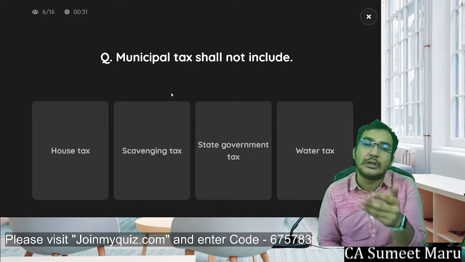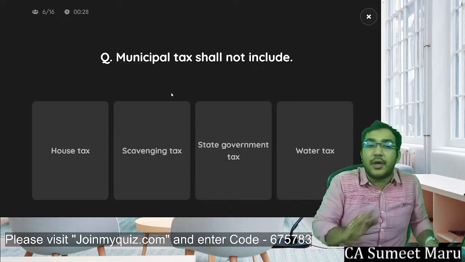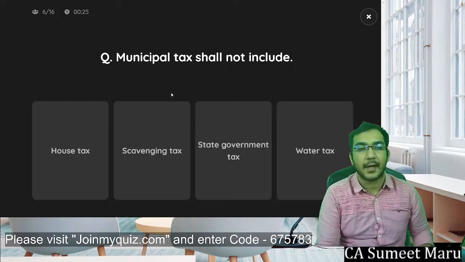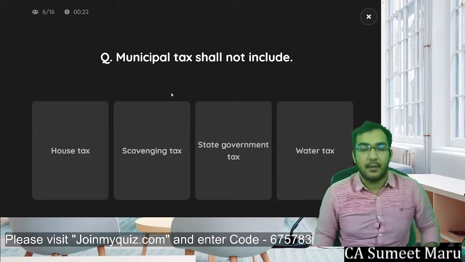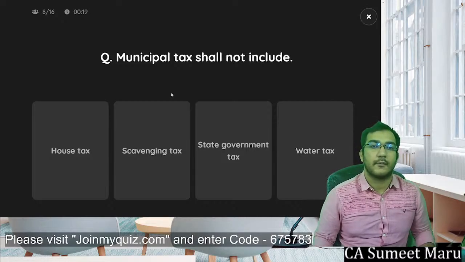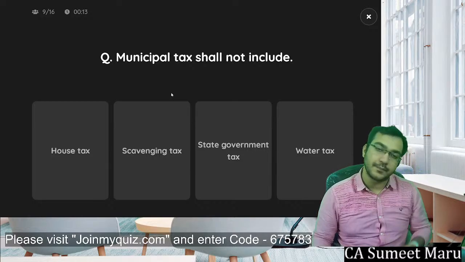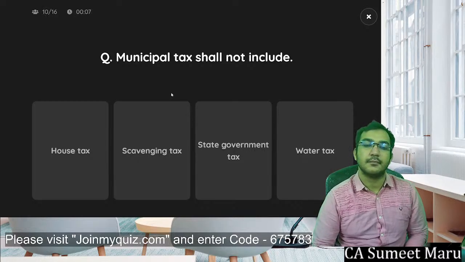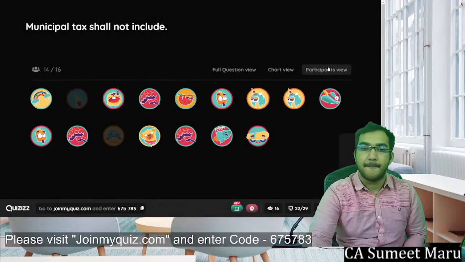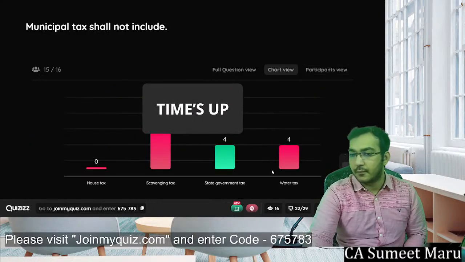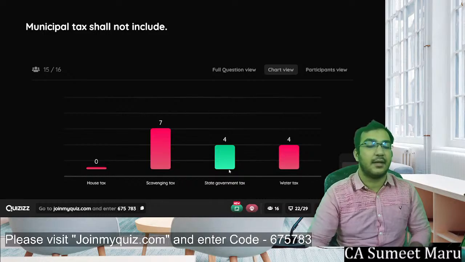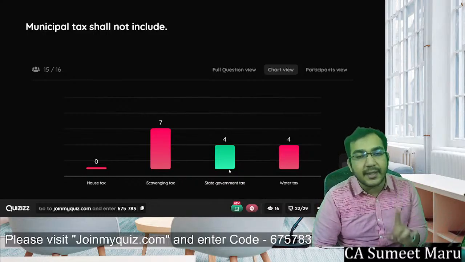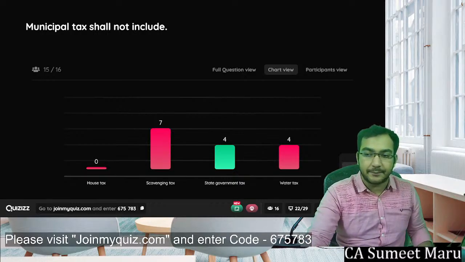What should not be included in municipal tax, or I can say on which among these four you won't get a deduction? Answer is state government tax. All the other things will work. On state government tax, you won't get the deduction.